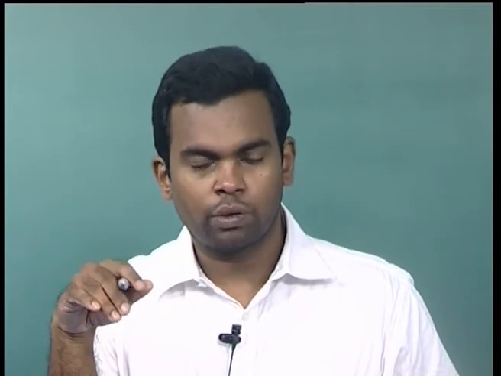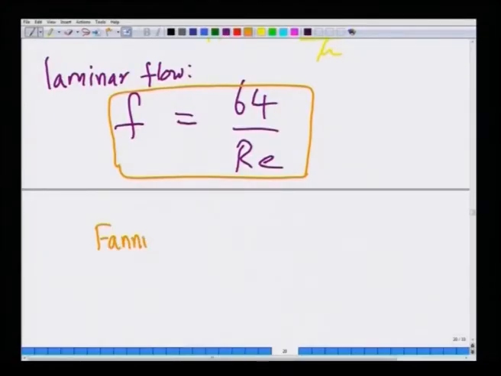The friction factor that we have defined is called the Darcy friction factor. There is another friction factor called the Fanning friction factor, which is slightly different. Let us call it F fanning.